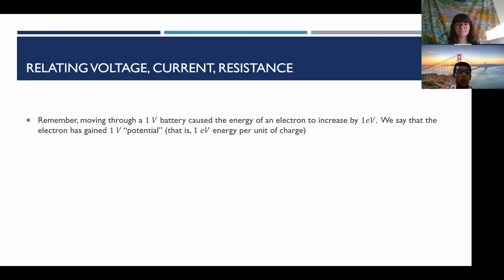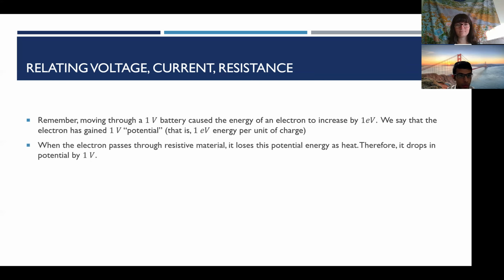That is, it has gained 1 electron volt of energy per unit charge, or per electron. When the electron passes through the resistive material, remember, it loses this potential energy as heat. So we say that this electron drops in electric potential by 1 volt.